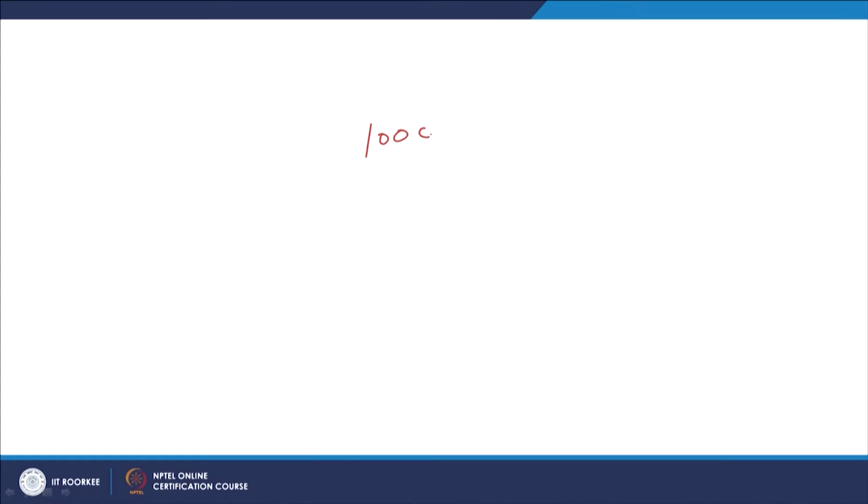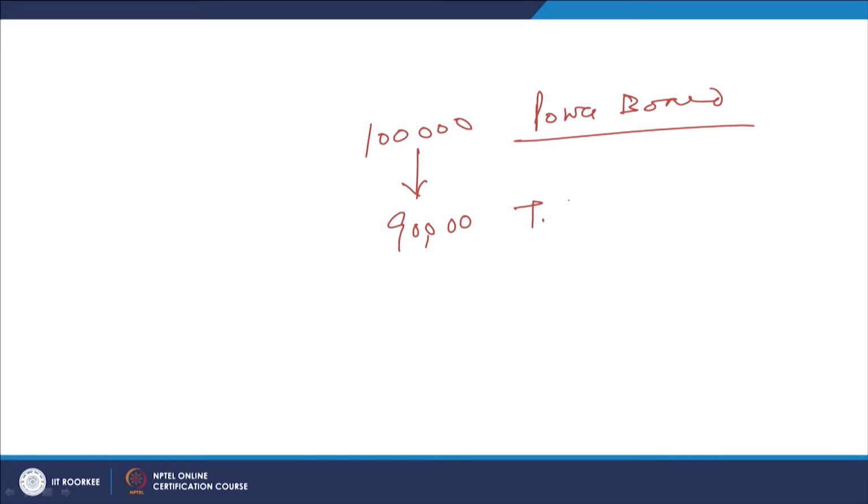So, for example, if the power board is generating 1 lakh units or 100,000 units of the power, in that case, out of this 1 lakh units, because of the transmission process and other things, say 90,000 units are going up to the, this is the power board or the power generation company, this is the transmission company, right.